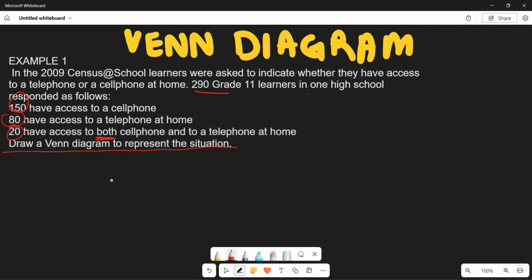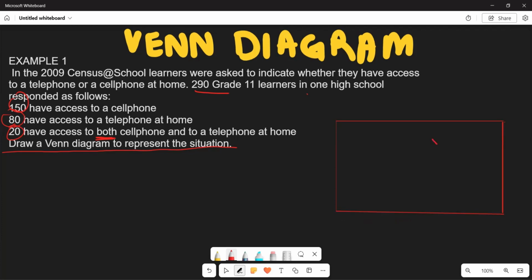So this is how we draw our Venn diagram. We draw a rectangle.